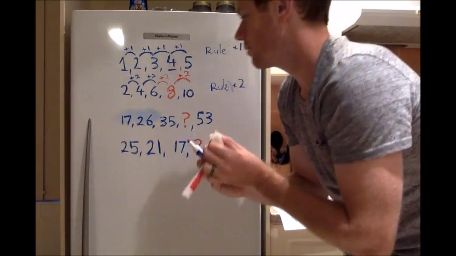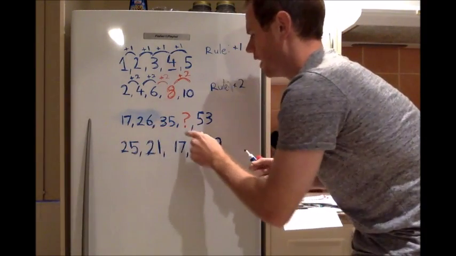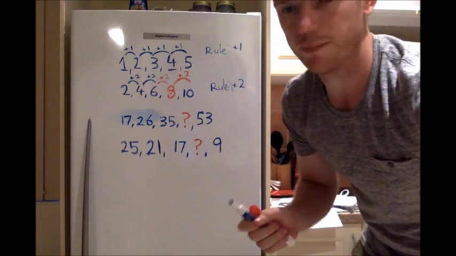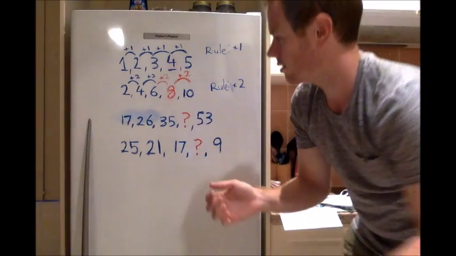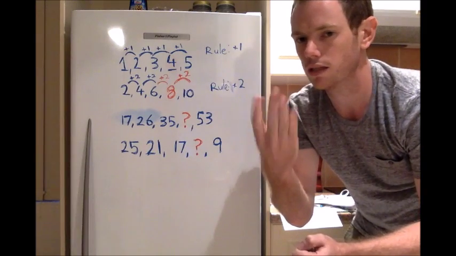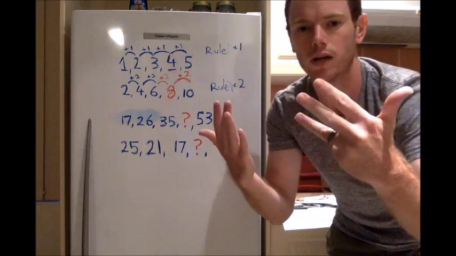Looking at our next one, this one's a little bit trickier. 17, 26, 35, something, and then 53. So I'm going to count on my fingers. I'm going to go 17, 18, 19, 20, 21, 22, 23, 24, 25, 26.